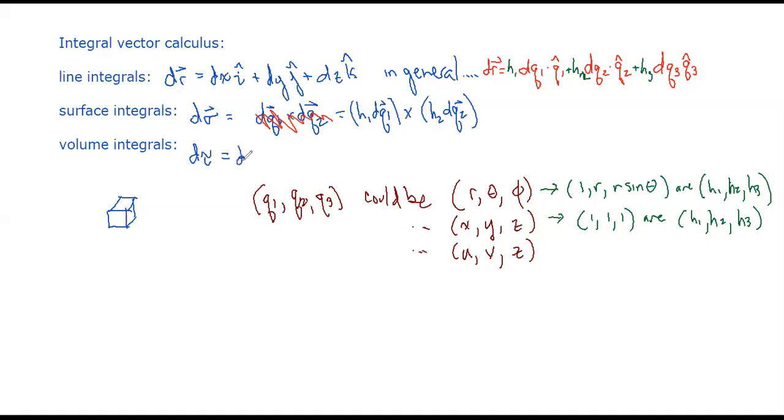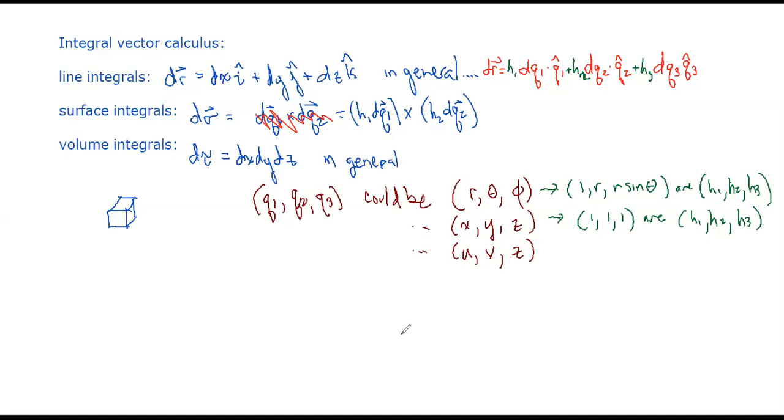It'd be dx times dy times dz. Yeah. Okay. And that would have been way too easy, which is why we chose now to talk about different coordinate systems.